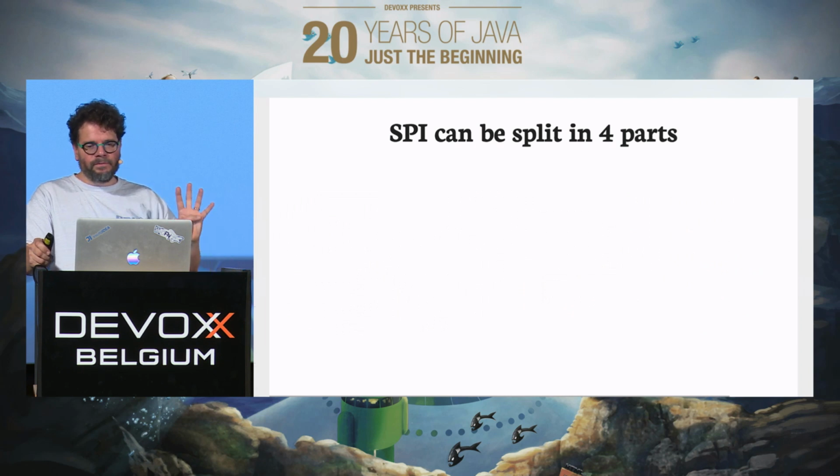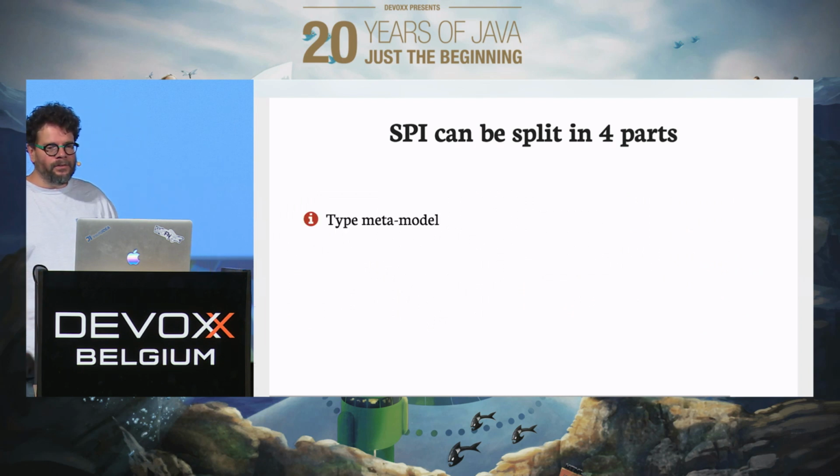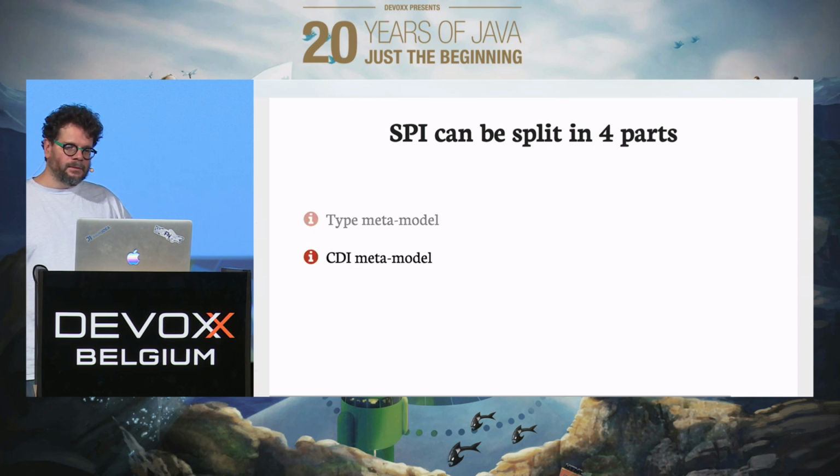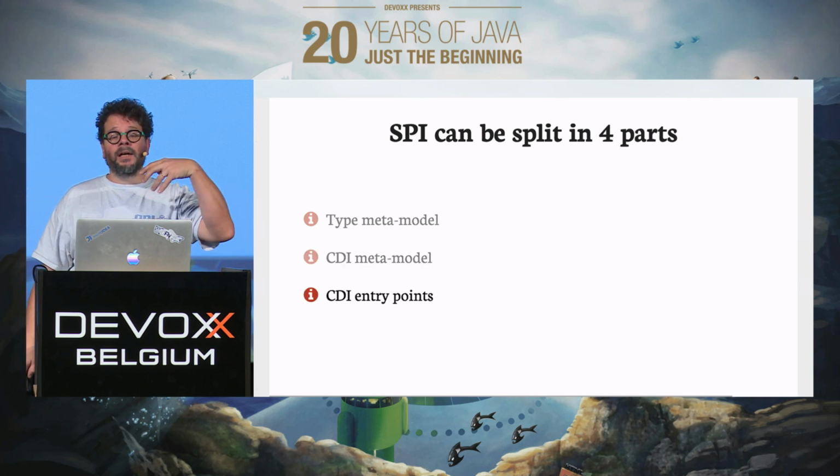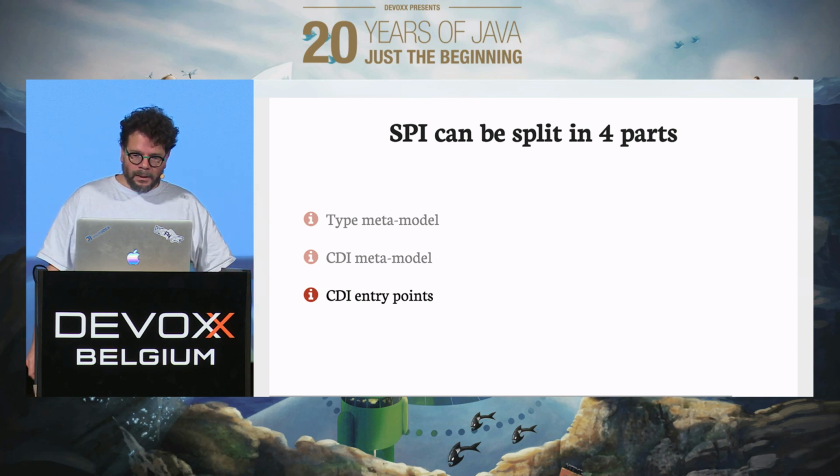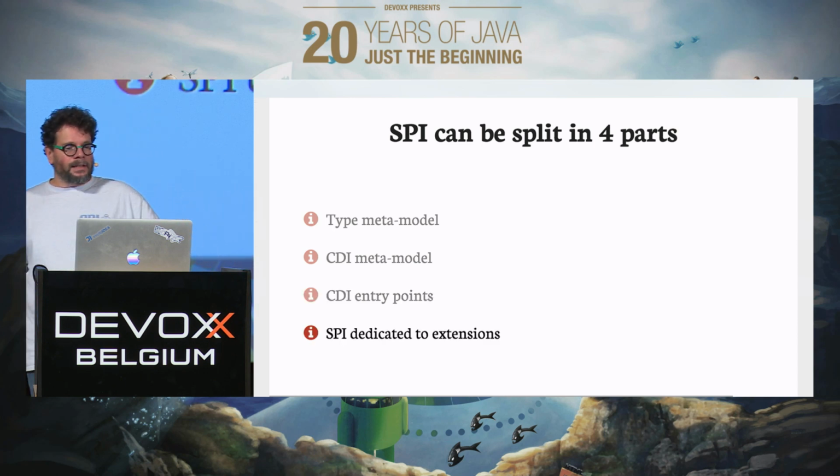We have roughly four parts in the SPI. The first is the part linked to the type meta model. The second is the part linked to the CDI meta model. After that, we have all the classes linked to the CDI entry point, how to enter CDI, how to deal with beans, etc. And the last is the SPI dedicated to extensions.